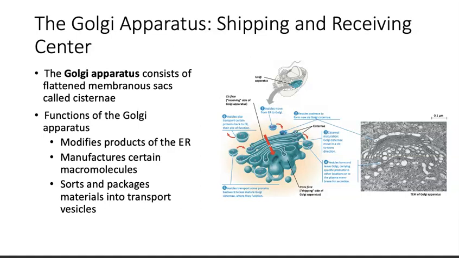It also manufactures some macromolecules, so it's part of that making of stuff. And then it sorts stuff that's gotten from the ER and packages it into transport vesicles and sends it on its way. A lot of people say that the Golgi apparatus is kind of like the United States Postal Service, shipping and receiving.